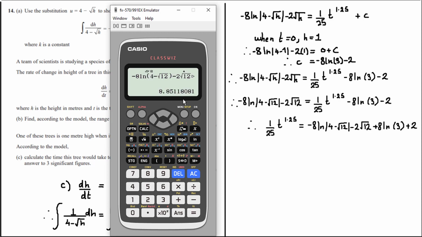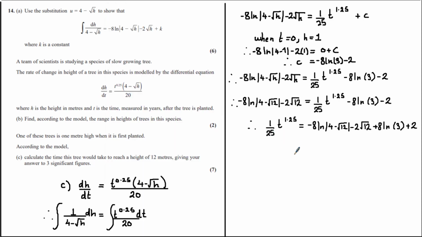Pressing equals, we get 8.85 and so on. And therefore, let's just jot this down. So 1 over 25 times t raised to the 1.25 is equal to 8.85 and so on.